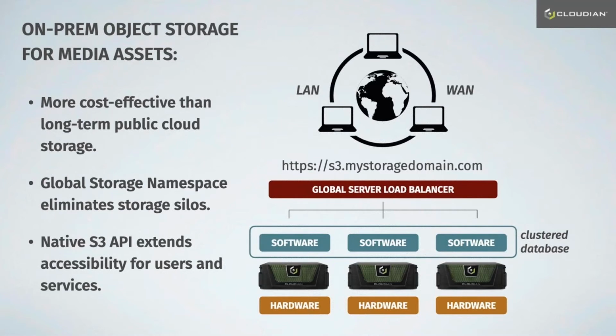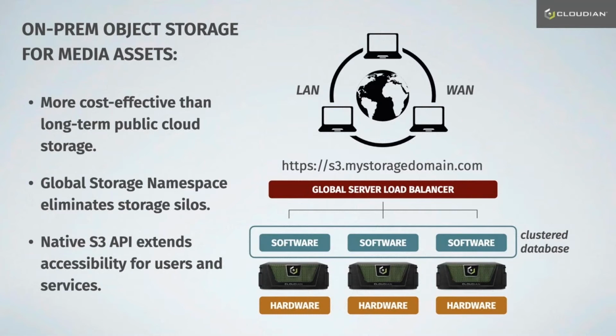It's more cost-effective over a long term than consuming petabyte levels of public cloud service on a monthly and annual basis. The other thing, for media companies that have legacy media archives and content libraries, is that it provides them a private S3 URL, a storage domain that never changes.